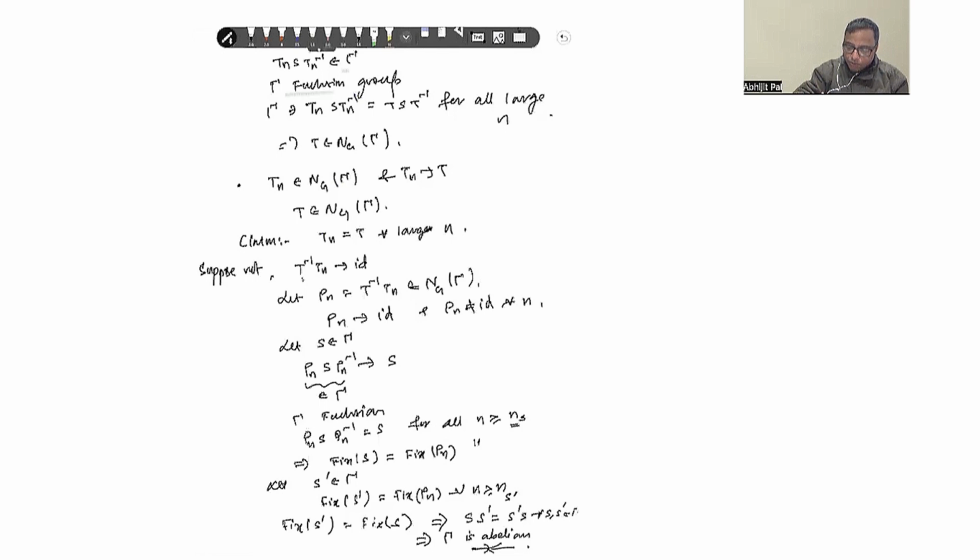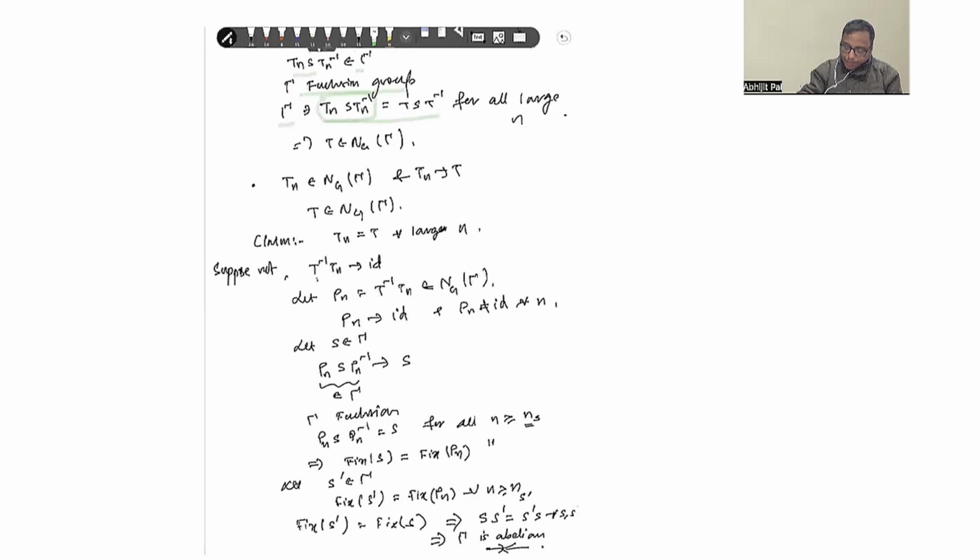We have started with gamma a Fuchsian group. So this means that this sequence Tn S Tn inverse will be an eventually constant sequence. Therefore Tn S Tn inverse is equal to T S T inverse for all large n. And note that Tn S Tn inverse belongs to gamma, so therefore T S T inverse belongs to gamma.